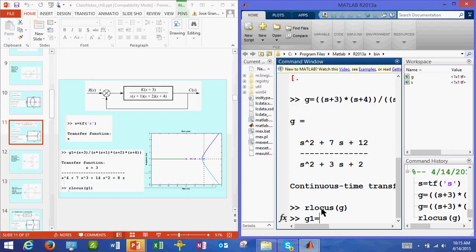The numerator is s plus 3, like that. And then the denominator is going to be s times, not pound, but this symbol. And then you have, this would be s plus 1.